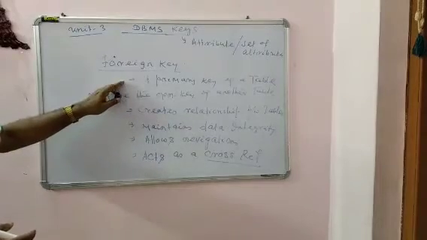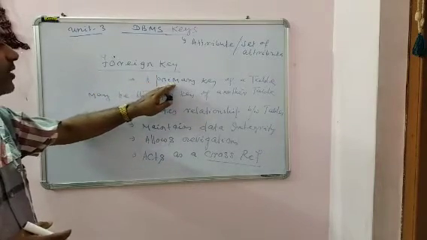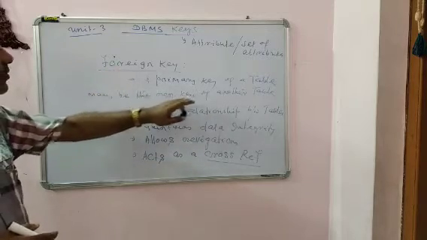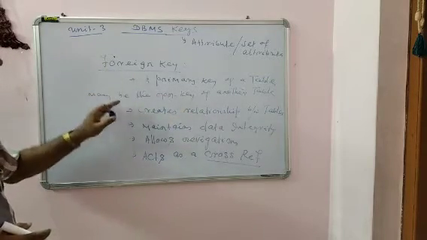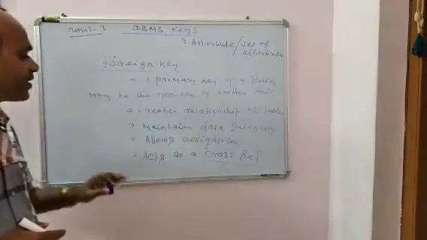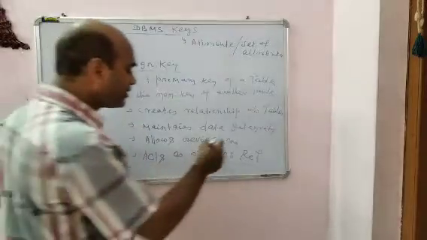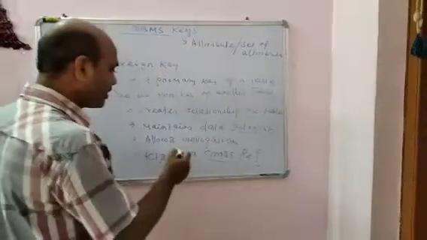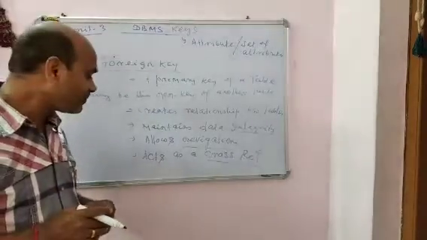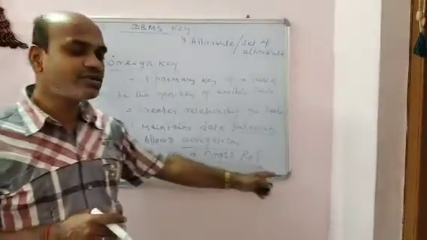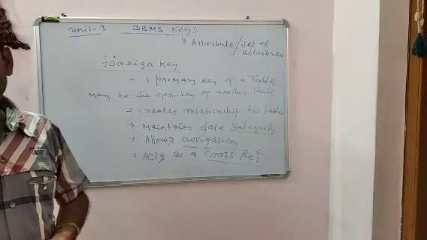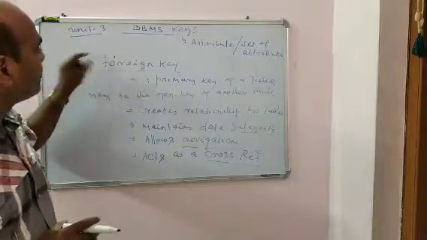It is the primary key of one table, and in the foreign table it is a non-key attribute. We create this foreign key for a relationship between tables, and it also maintains data integrity and allows navigation of the different instance values of the entity. And it acts as a cross reference because it references the primary key of another table. So this is all about the foreign key.